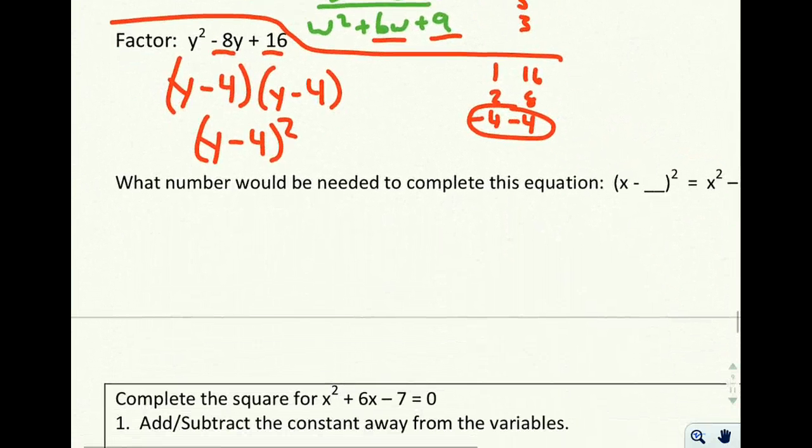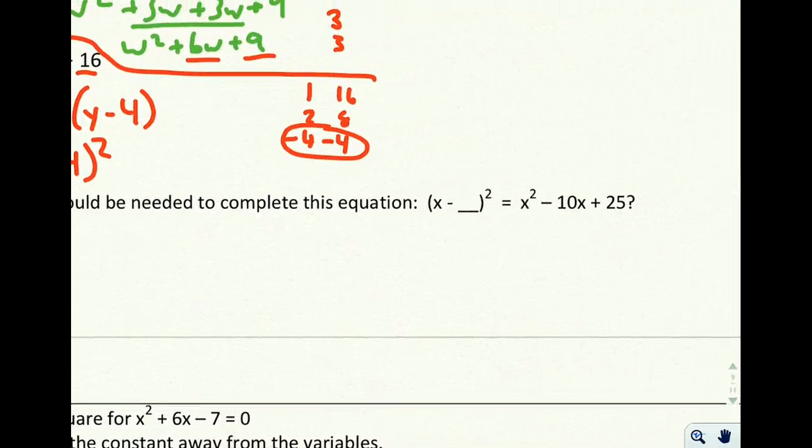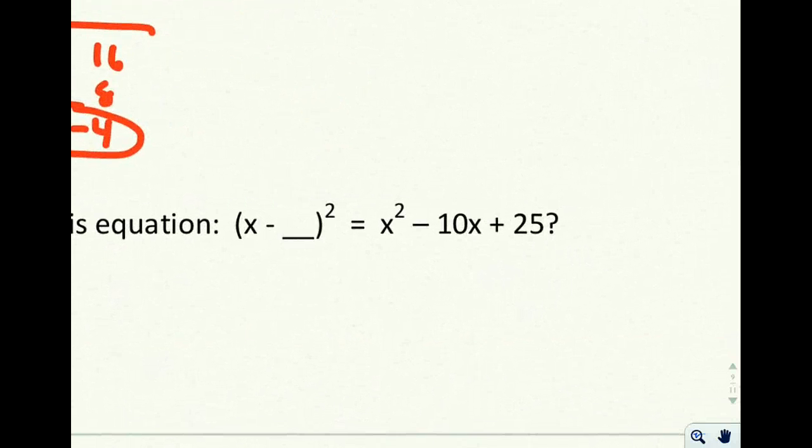Moving on here, it says what number would we need to complete this equation? X minus something squared equals x squared minus 10x plus 25. You're saying what number multiplied by itself is going to equal 25, and if you double it would equal negative 10.